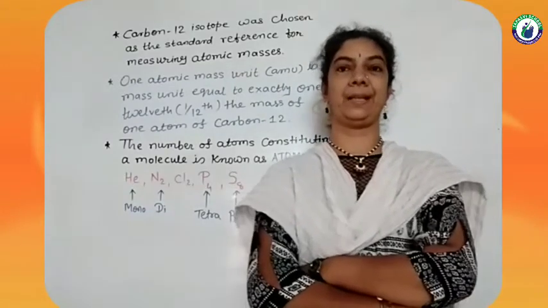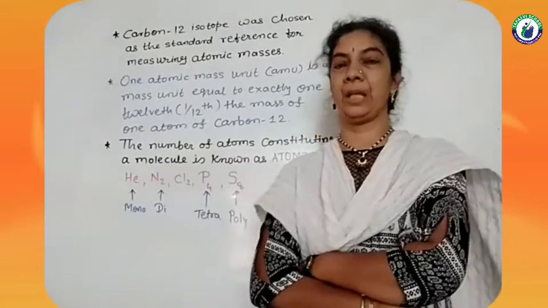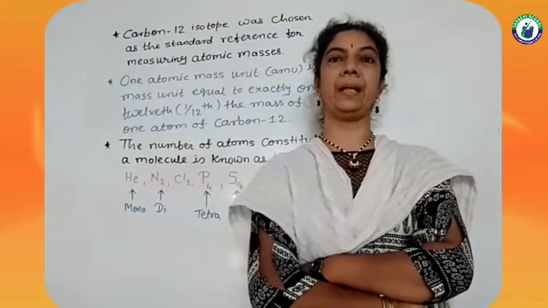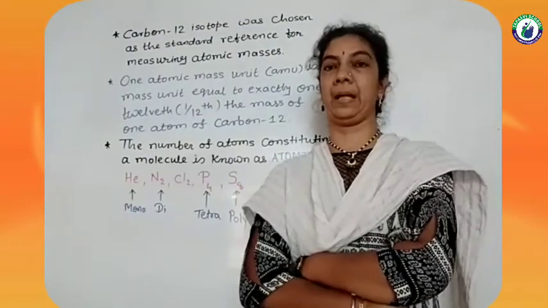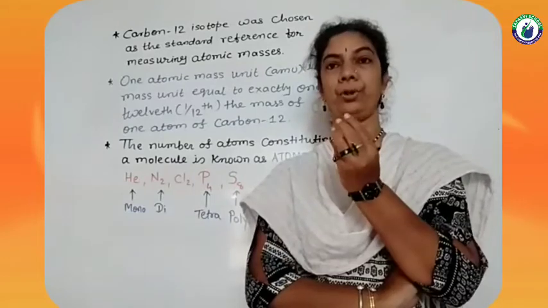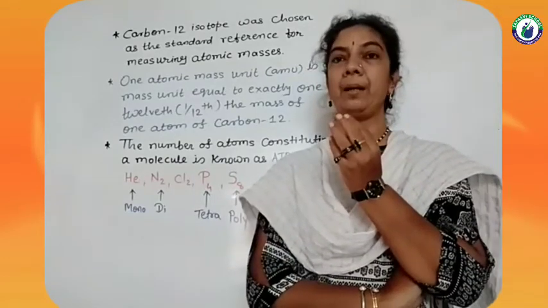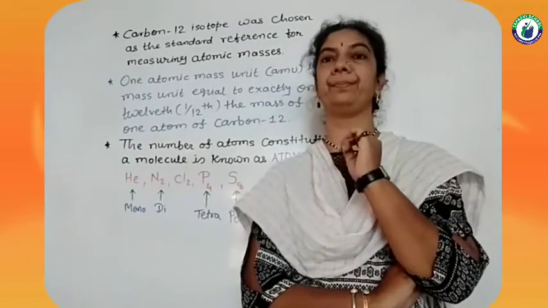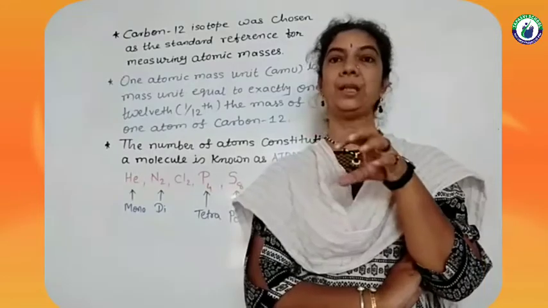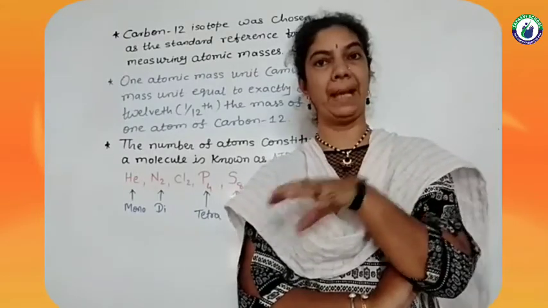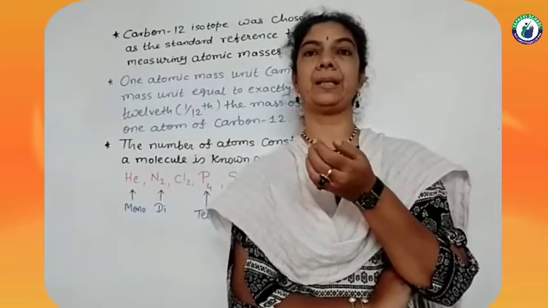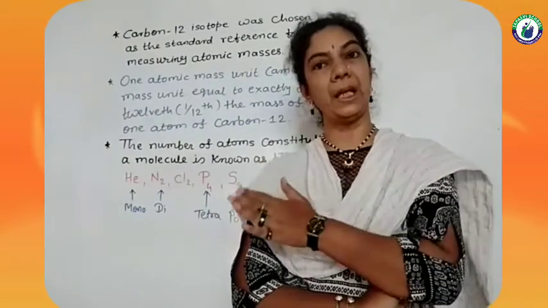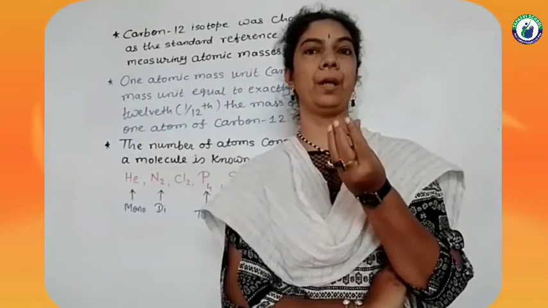For that, scientists have taken a common method we often see in practical life: a stone or any metal piece is considered as a standard, kept in one pan of a balance, and we measure the mass of the other object, which is the relative mass of that object.